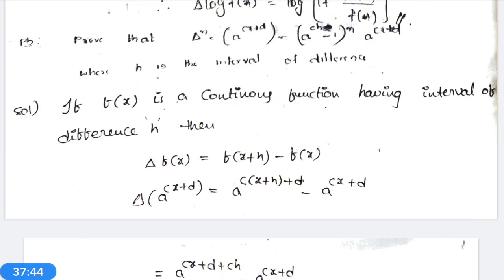The first term can be written as a power cx plus d into a power ch. Then a power cx plus d is common. Therefore, delta of a power cx plus d is equal to a power ch minus 1 into a power cx plus d.